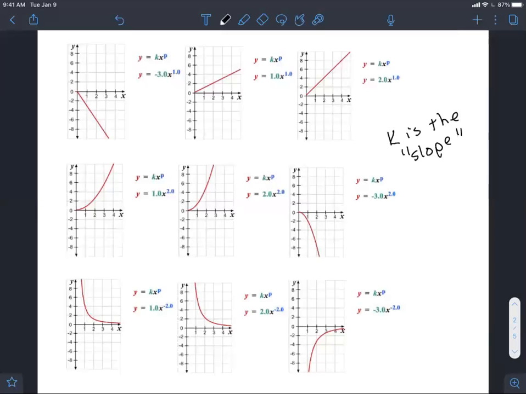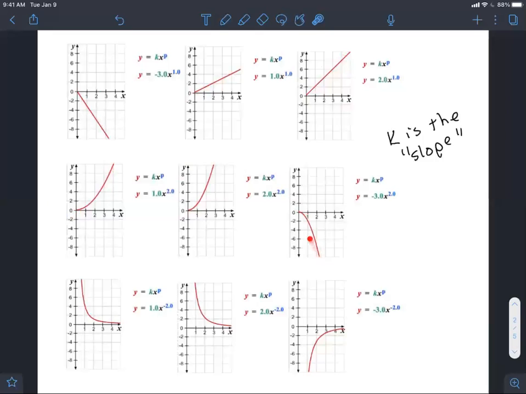So you'll notice in our linear function, if we have a slope of 1, it's just increasing steadily. If we have a k value of 2, it's increasing more rapidly. If we have a negative k value, it's decreasing. Same thing with our x squared function. If we have a k of 1, it acts like the pure power. If we have a k value of 2, it increases the rate at which our function increases by a factor of 2.